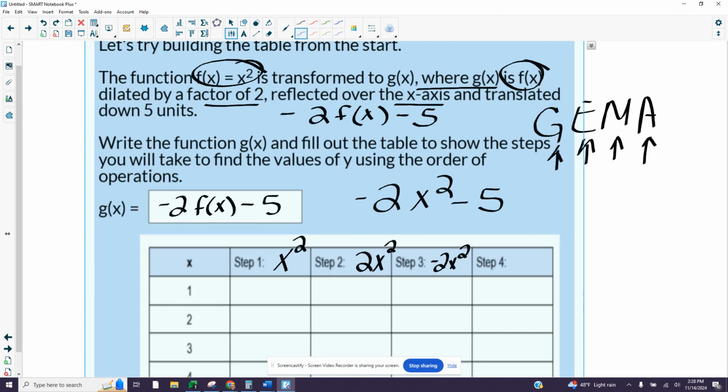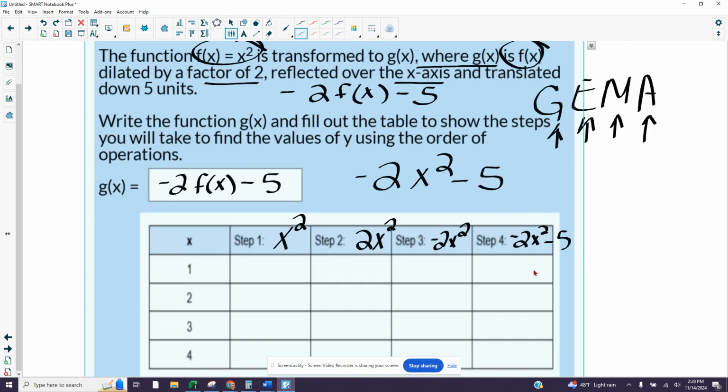And then finally we would add or subtract the 5 after we have done all of the multiplication. So that is our steps filled in there. First step is squaring, second step is multiplying by 2, third step, multiply by negative 1, and the fourth step, subtract 5. So let's fill out our table following those steps.